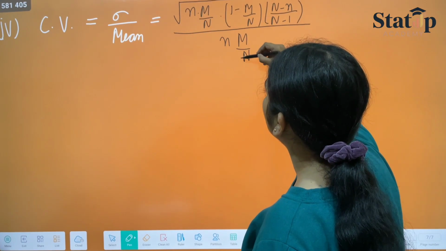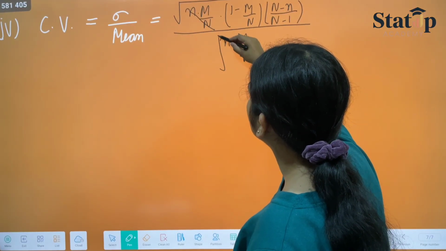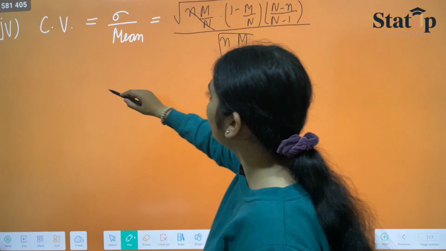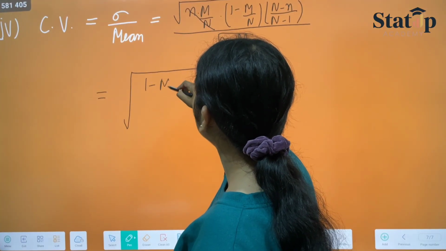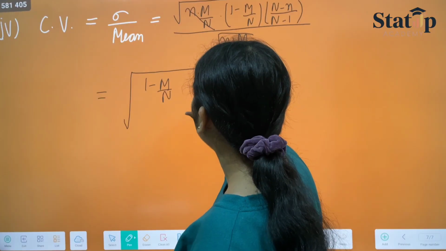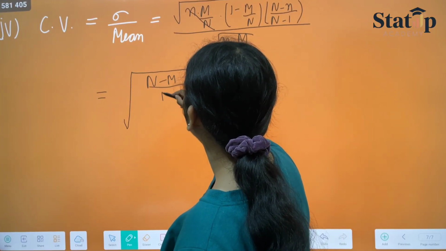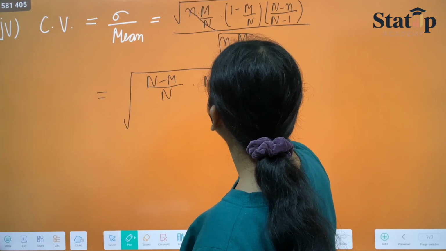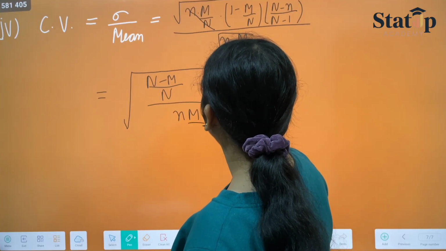If we divide them both, then this whole is cancelled with this, and this also comes under the root. So our formula will become the square root of 1 minus m upon n, or we can take it as (N minus m) upon n into (N minus n) upon (N minus 1), upon m upon n.